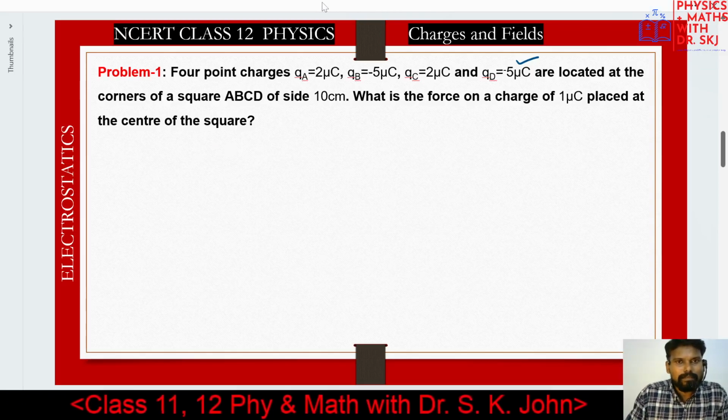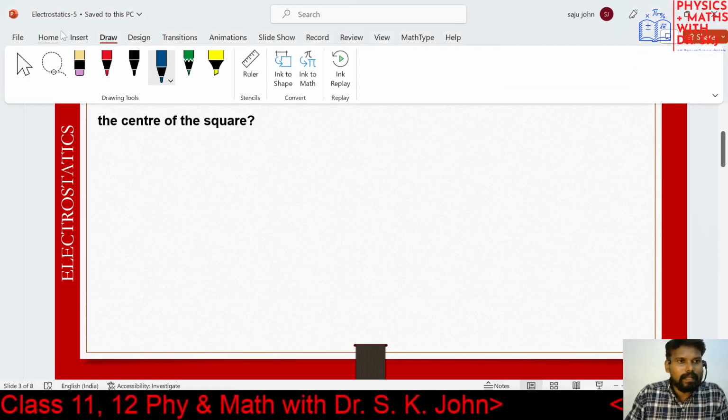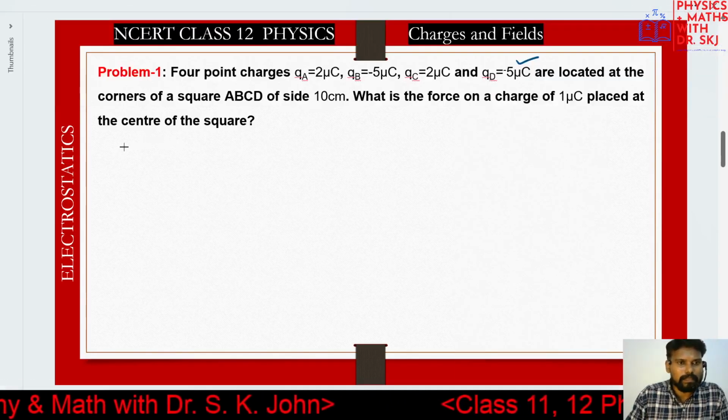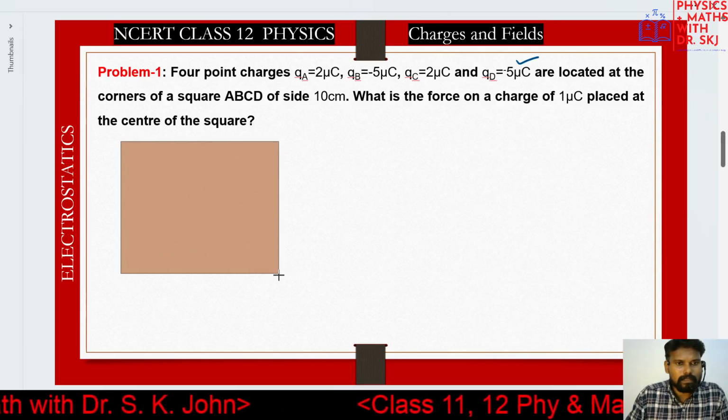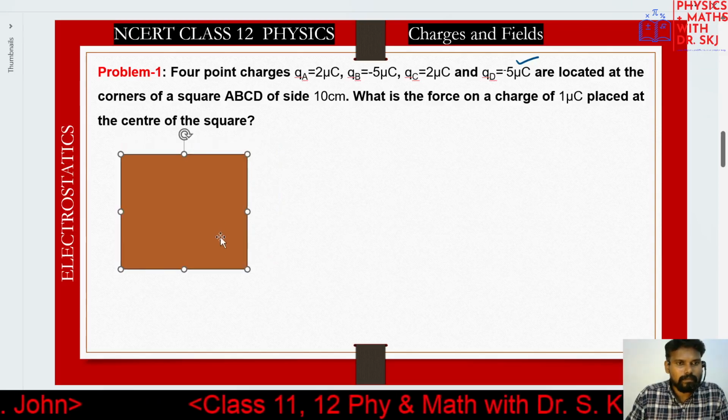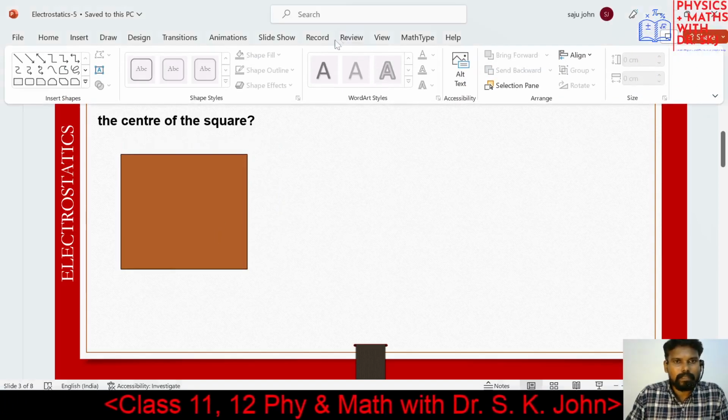So we have a square, and at the corners of the square there are 4 charges placed. Suppose this is the square.